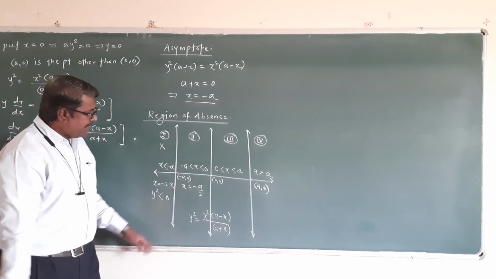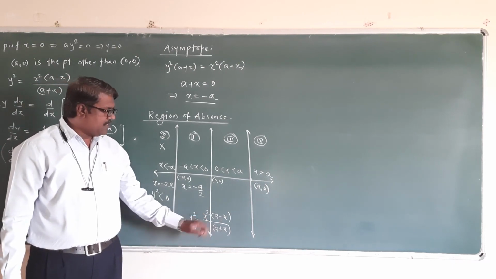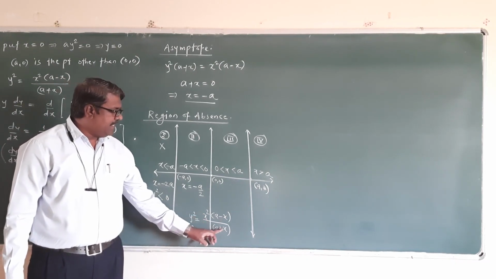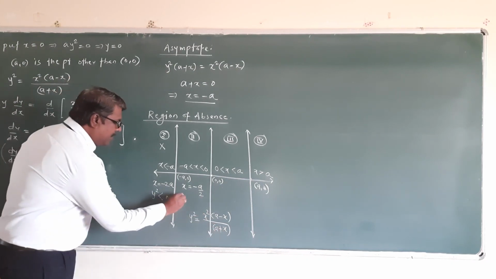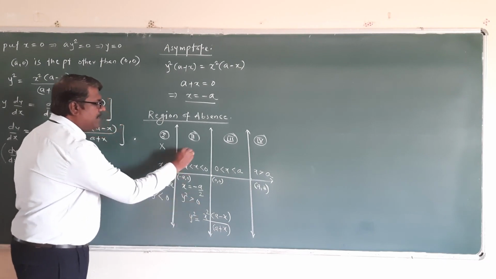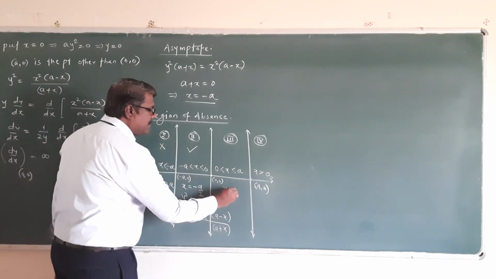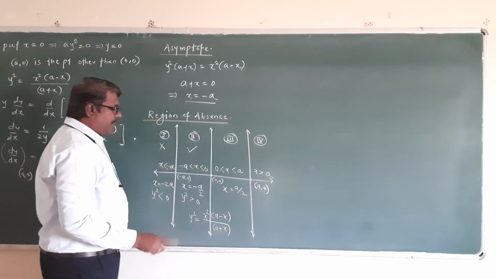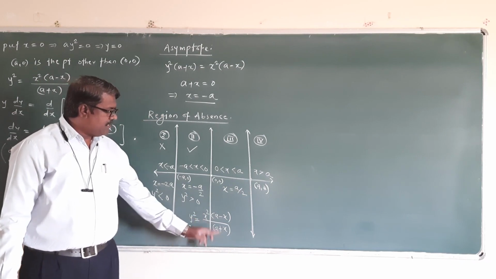Here I will choose the value of x as minus a by 2. When the value of x is minus a by 2, this is positive, this is positive. Here a minus a by 2 is half a, this is positive, and therefore y square is positive. The curve is present. Here I will choose the value of x as a by 2. When the value of x is a by 2, this is positive, this is positive, this is positive.